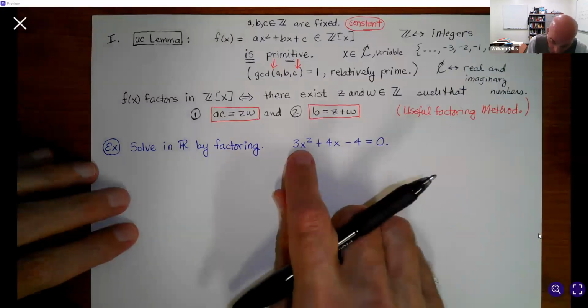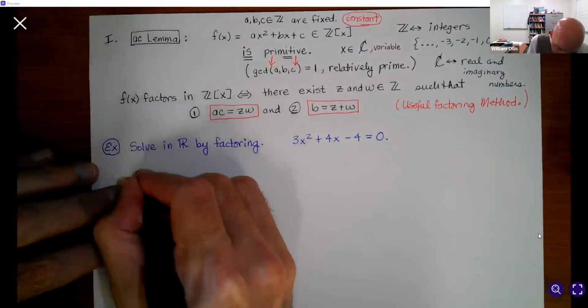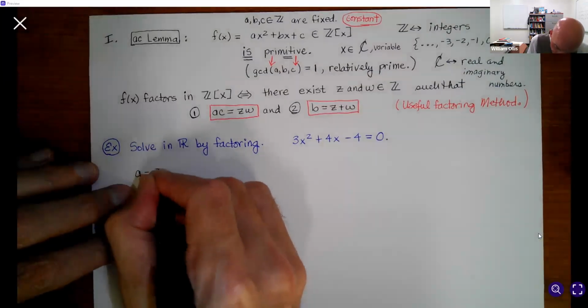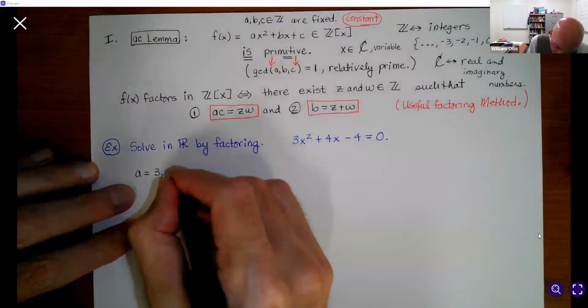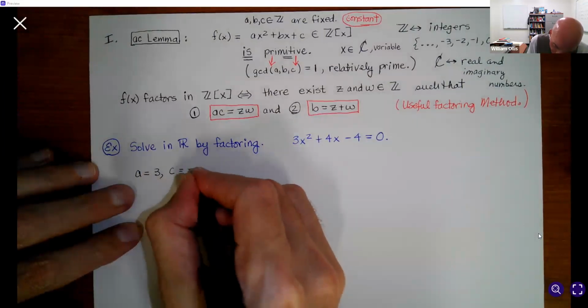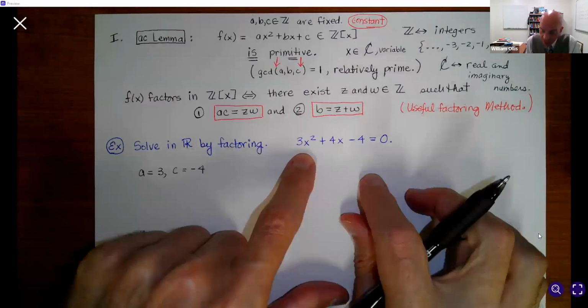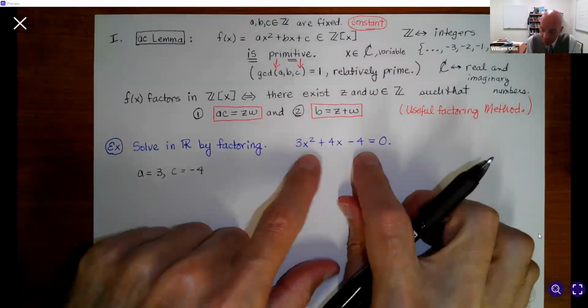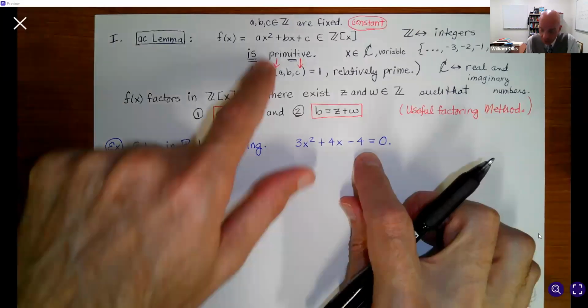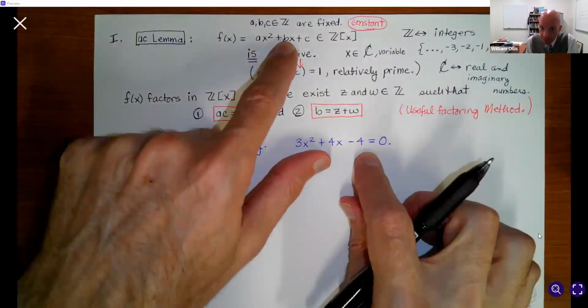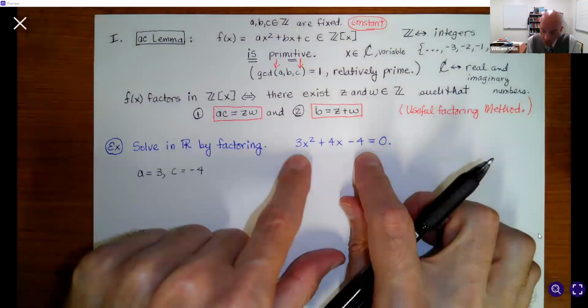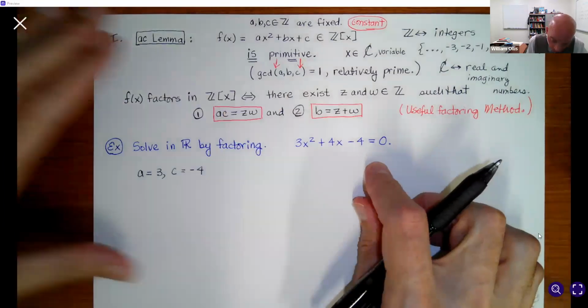So notice here, we have A equals 3, and we have C equals -4. Again, notice it is important that we write this in descending order so we can compare it to the statement of the theorem. So again, A is 3, C is -4.